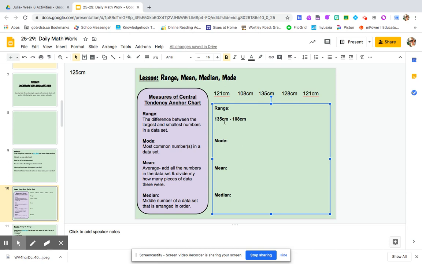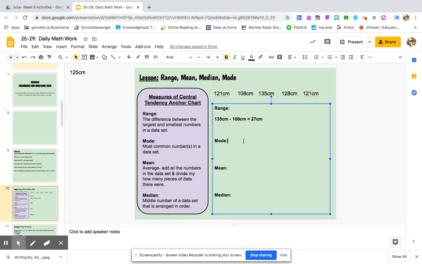Now to find how large that range is, I can simply subtract those two numbers. So I can do 135 minus 108. So I'm going to take away the 100 to get down to 35. 35 minus 8 is 27 centimeters.